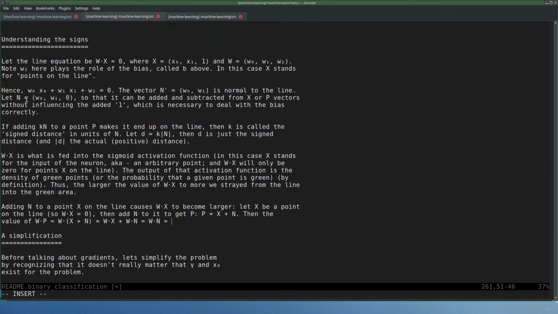So this then equals the first element of W times the first element of n, plus the second element of W times the second element of n, plus the third element of W times the third element of n, which equals, yeah, that's the length of n, sorry, but it's w0 squared plus w1 squared, and that is positive.